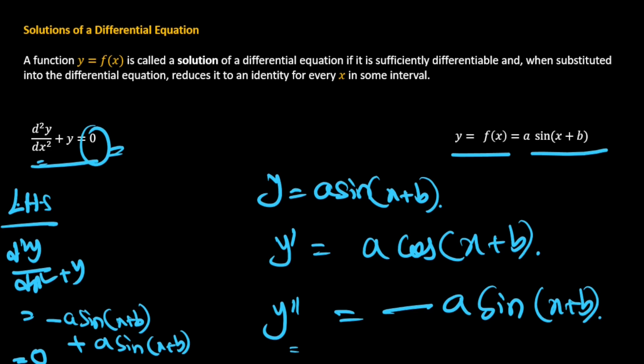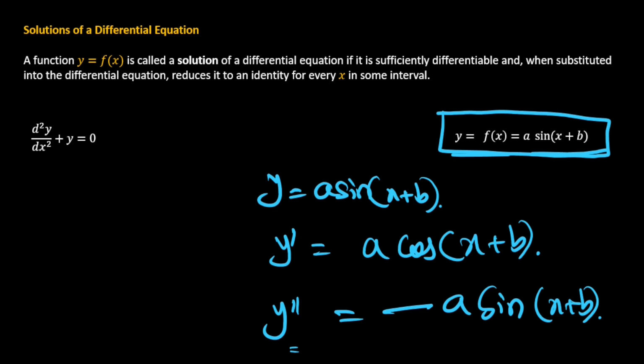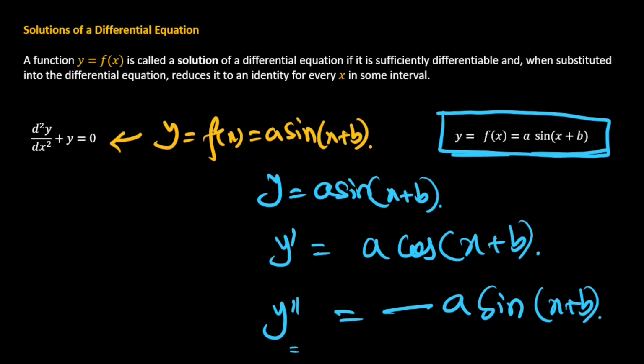Therefore y is equal to f of x, that is a sin(x plus b), is a solution of this differential equation because it satisfies the differential equation. When a function satisfies the differential equation, we call it a solution of the differential equation in a certain interval.